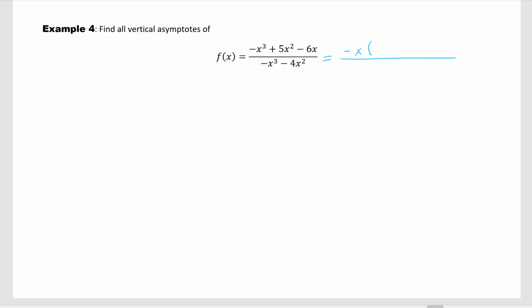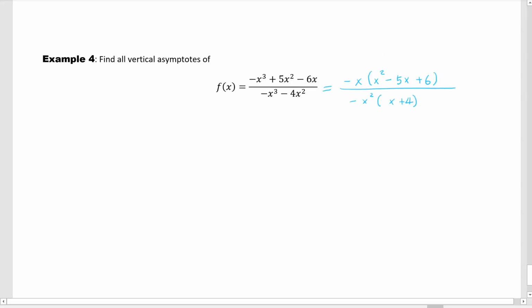So let me factor out negative x. And then what's left? x squared, and then minus 5x plus 6. So when you factor out a negative, don't forget to switch the sign for each of the terms. And the denominator, I can factor out minus x squared. Then we have x plus 4. Okay, so far so good, everybody.